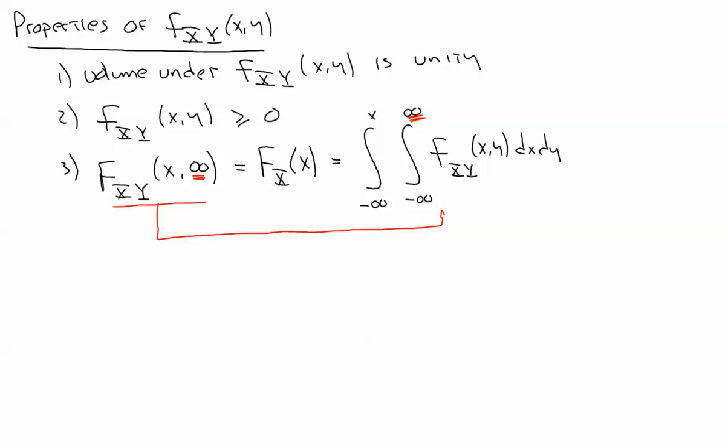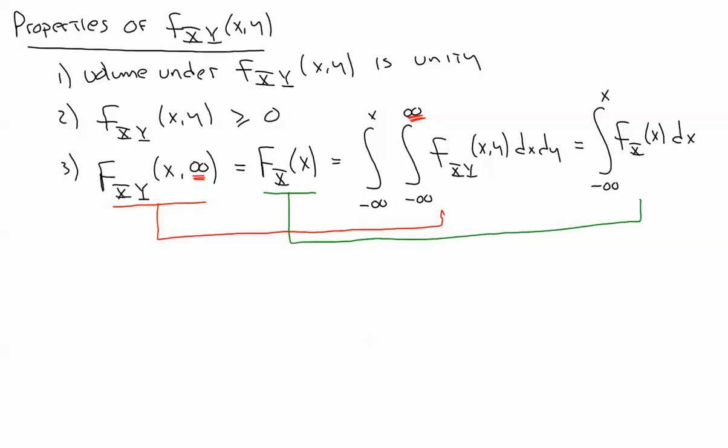Well, I also know, let me write this one more step here, and then I'll explain it. I also know from my previous discussions of marginal probability density functions that I can get my marginal cumulative distribution function by doing an indefinite integral on my marginal probability density function.